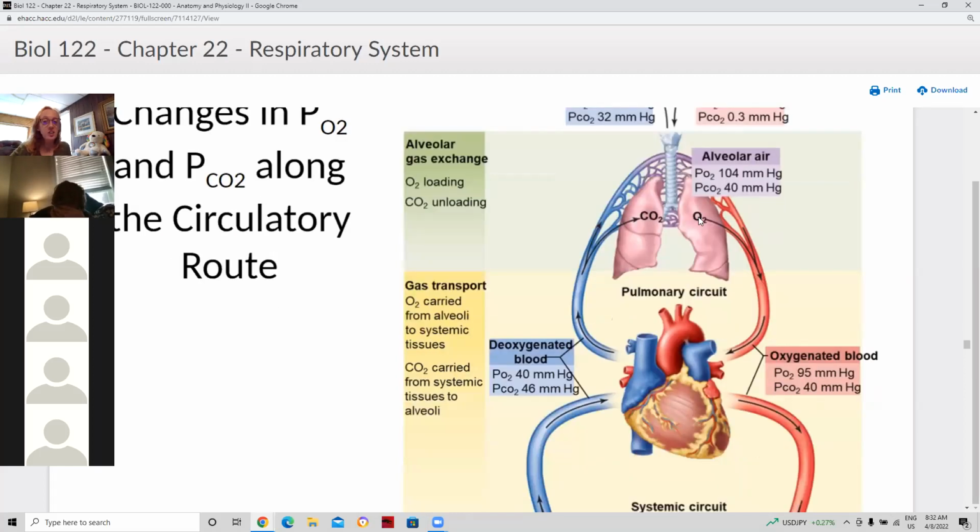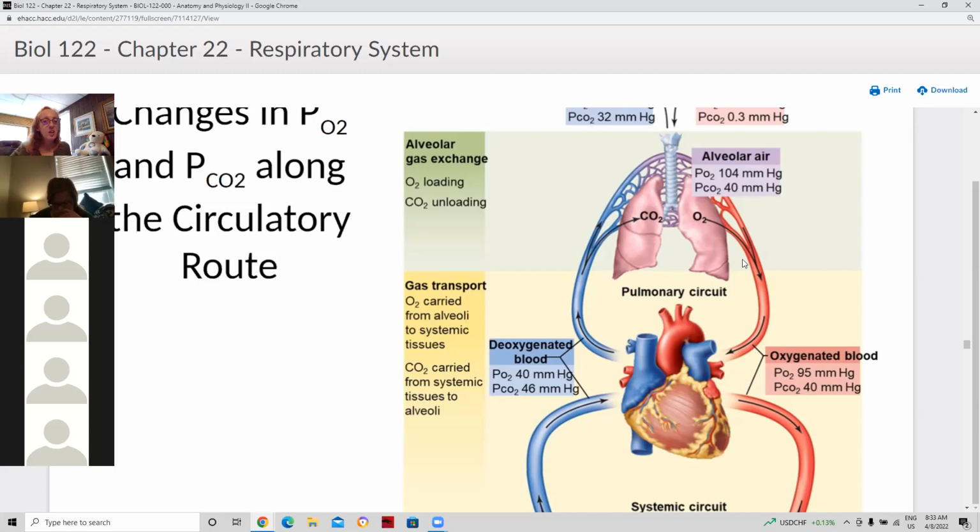So it comes in, it circulates, it moves into the blood. It's going to equilibrate between the alveoli and the surrounding capillaries, until the partial pressures within the blood and within the alveoli are approximately the same.